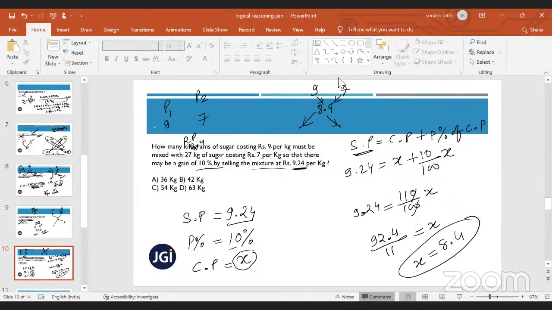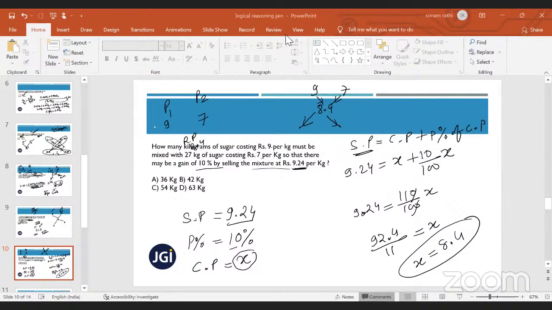Find the ratio. What is the ratio you're getting?